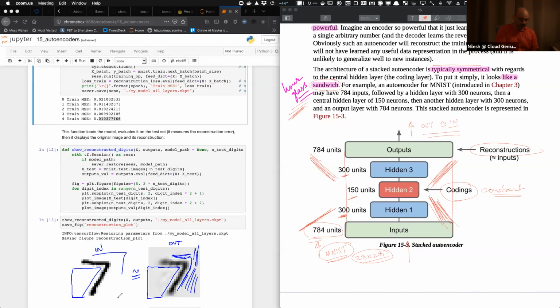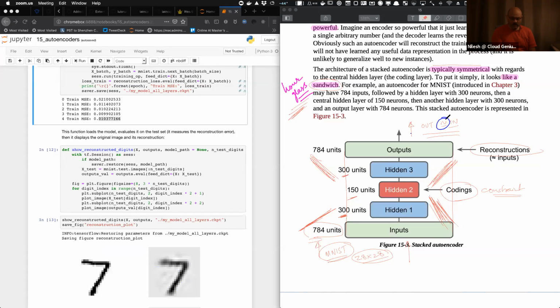That gray is not here. It's all clean. So the output doesn't mathematically match. Yes, the number 7 matches the number 7. That's not the math I'm talking about. I'm talking about the picture. And that is what you notice, that the output attempts to match the input. Not exactly matches the input.